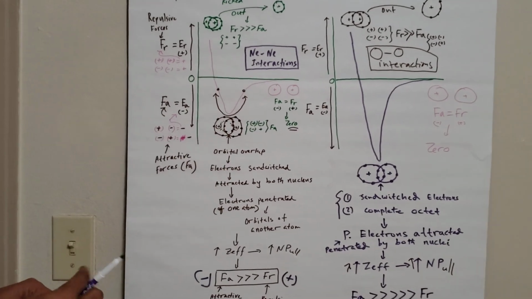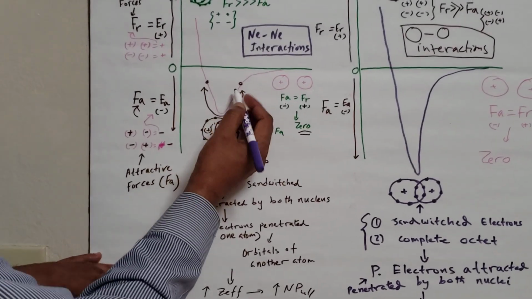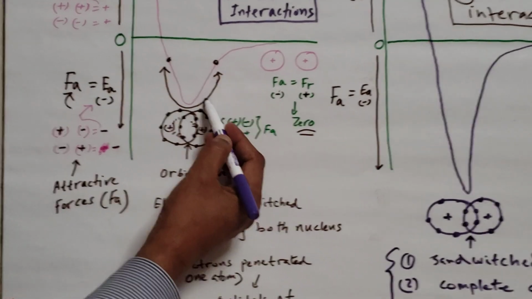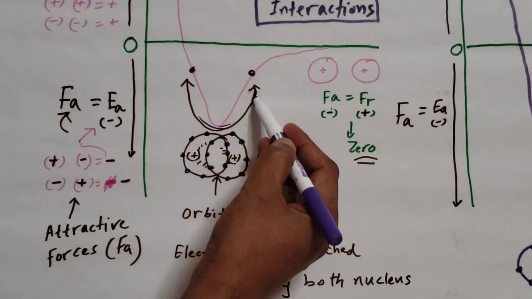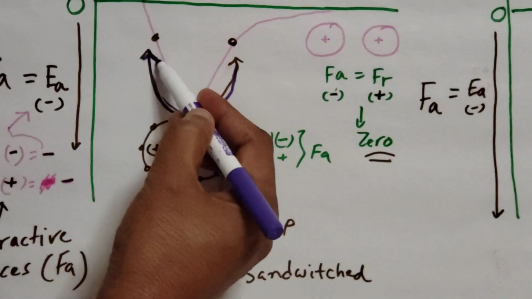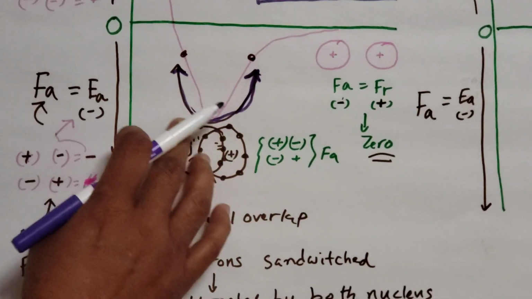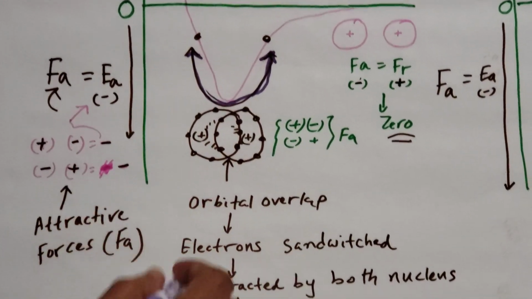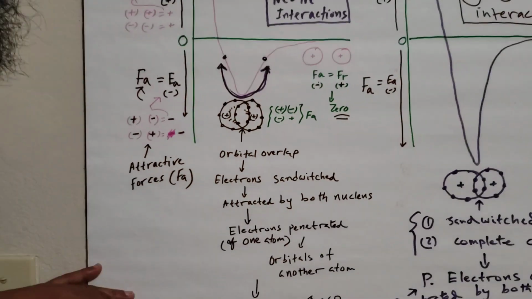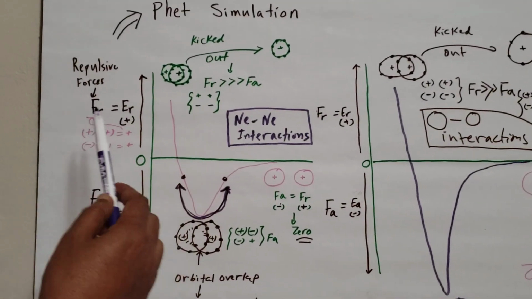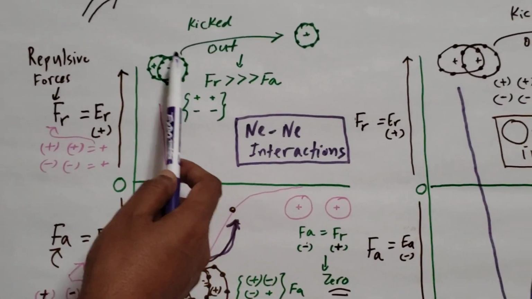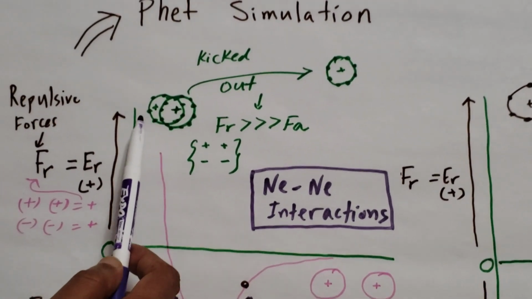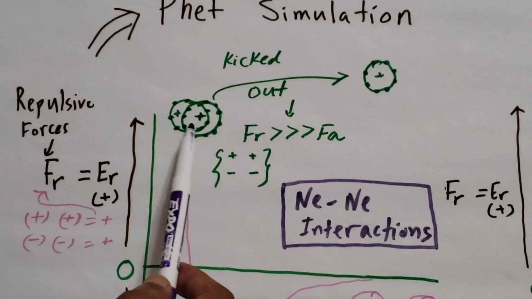You have also observed that when you put the atoms here, they were oscillating, coming back and forth. This means this is the most stable position, where you have a huge amount of attractive forces. When you are going here, the atoms are so close to each other that they have penetrated even the nucleus.